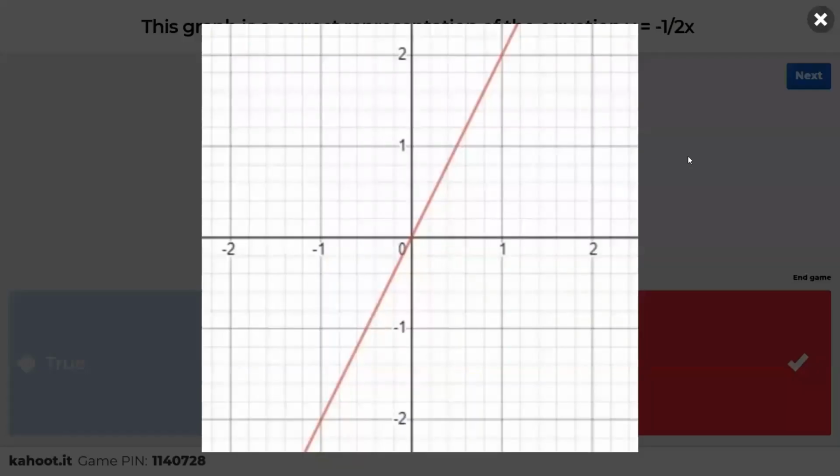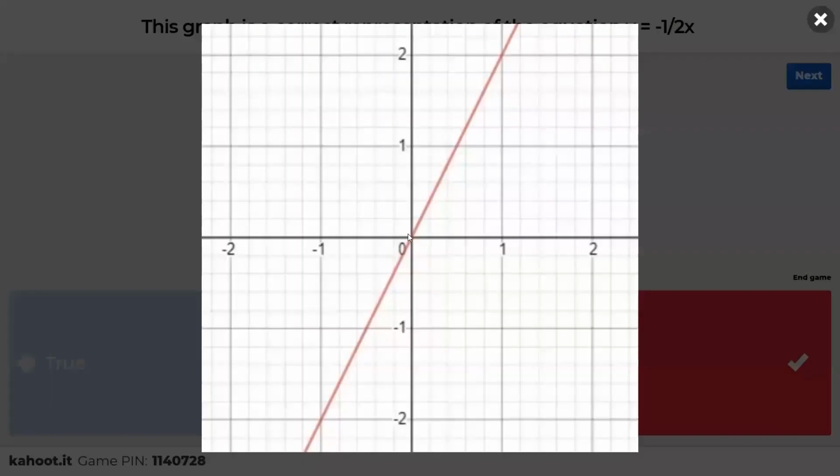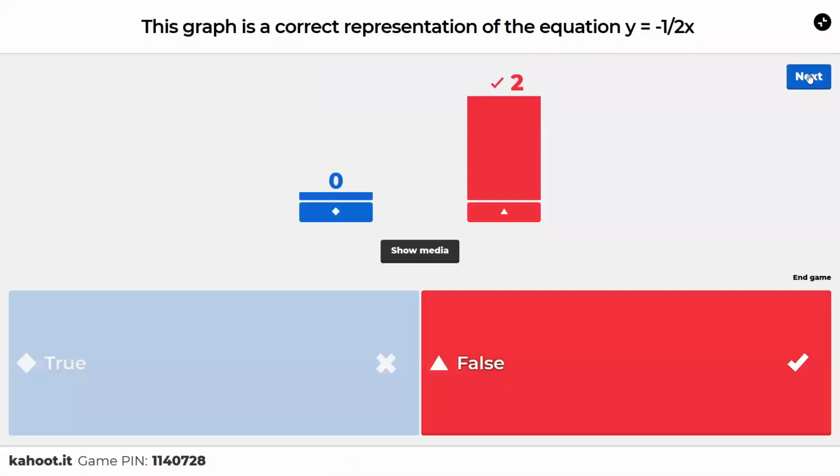All right, that's a tricky one. So no y-intercept, it seems, right? So that means that it intercepts the y-axis at 0. And then down 1, right 2, right? So it should go down 1, right 2, down 1, right 2. But it's going a totally different direction, so false.